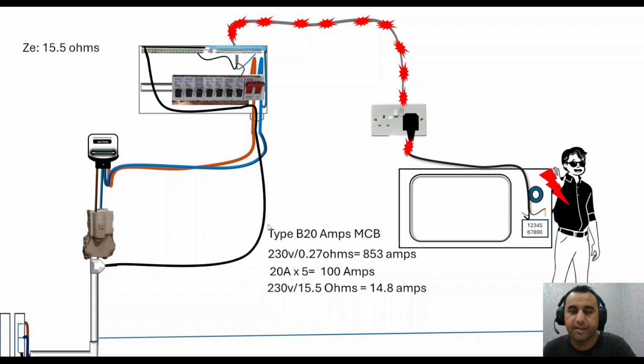It doesn't have a very good earthing arrangement here, and it's got quite a high reading. So this is where we can have an issue, and if there's a problem here, you can get a shock as well.